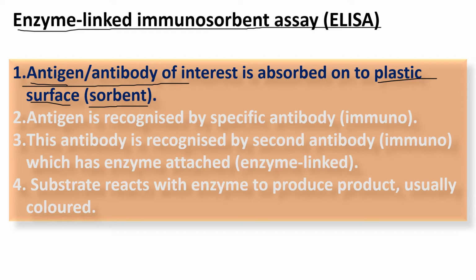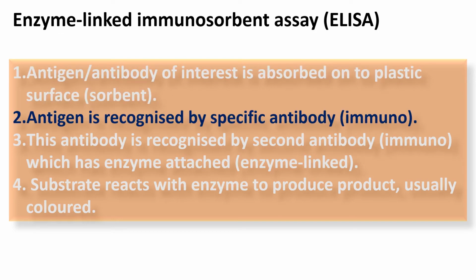Suppose you want to measure antibody, on the plastic surface we attach antigen, and suppose you want to measure antigen, on the plastic surface we attach antibody. So it is a well with a plastic surface attached, and the surface is called a sorbent.